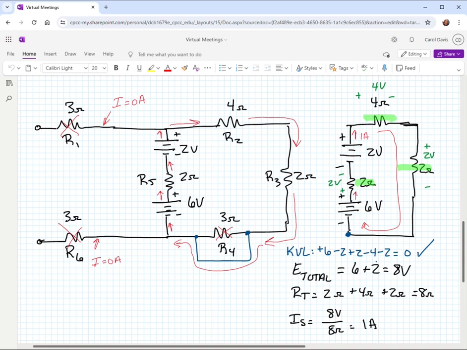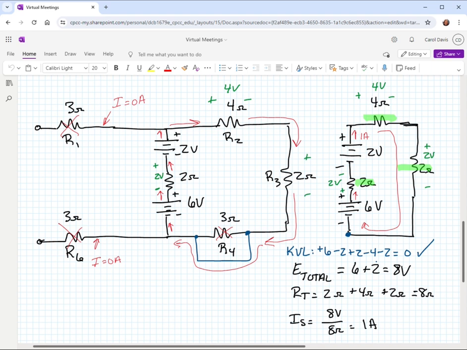Okay, so let's go back to our original drawing and fill in some of this. So remember, I'm just going to write in the voltages for right now. So we know we've got a 2 volt drop here. We've got a 2 volt drop here. We've got a 4 volt drop here.